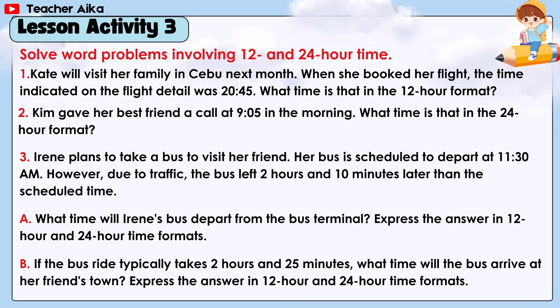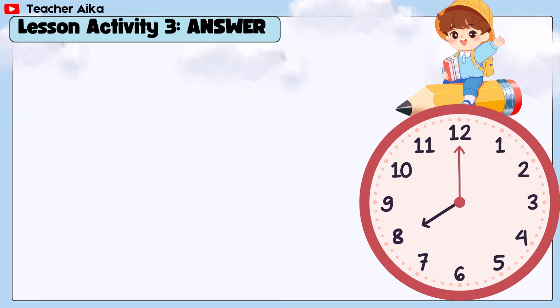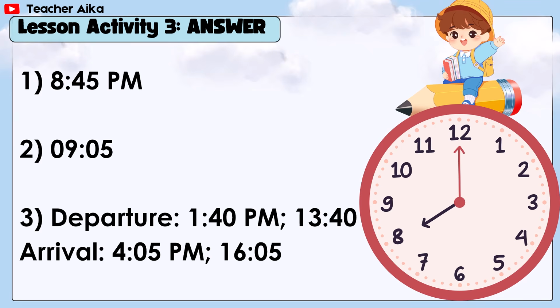Express the answer in 12-hour and 24-hour time formats. B. If the bus ride typically takes 2 hours and 25 minutes, what time will the bus arrive at her friend's town? Express the answer in 12-hour and 24-hour time formats. Lesson activity 3 answers.